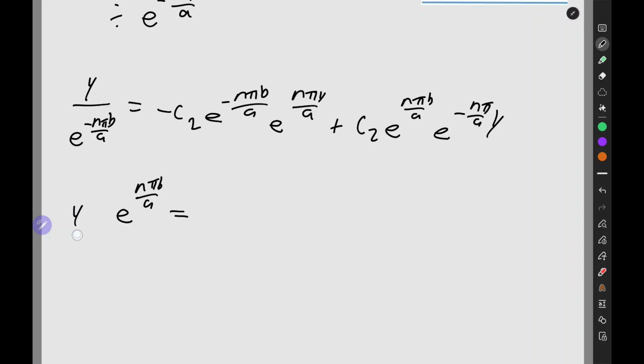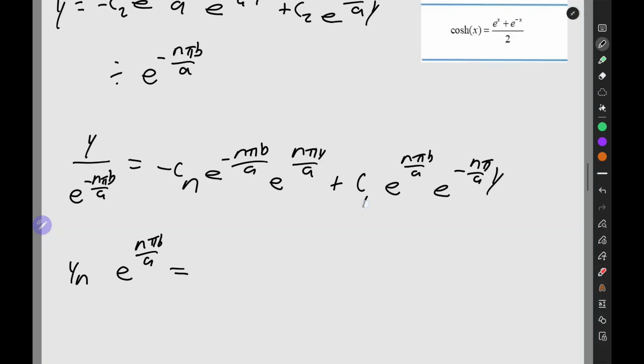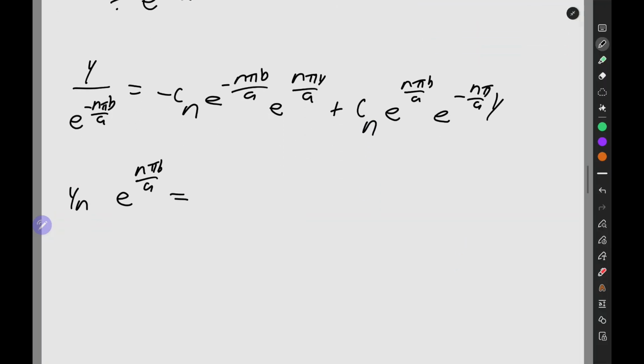I can also, why not, denote all these as n like they're supposed to be. So dealing with n's, this becomes negative cn e to the negative n pi over a.